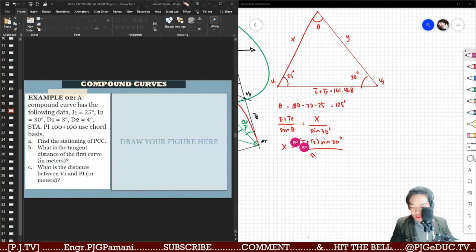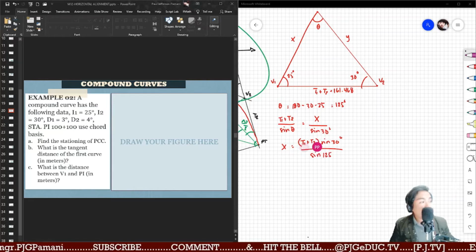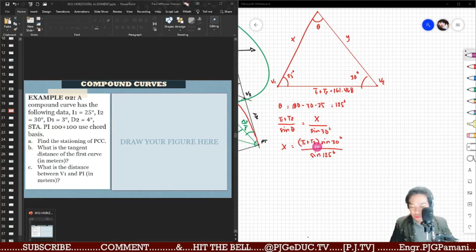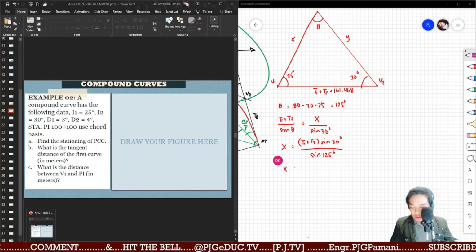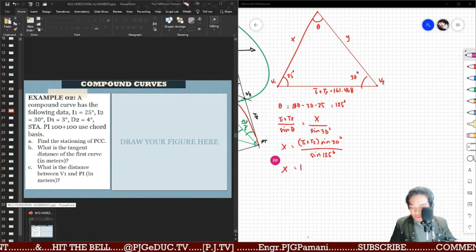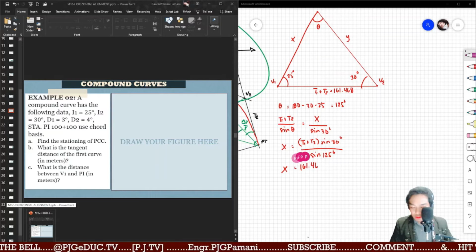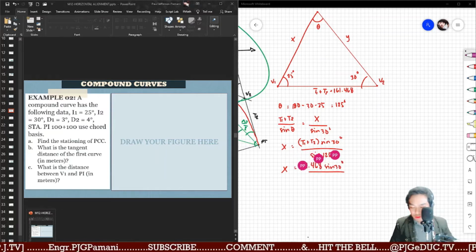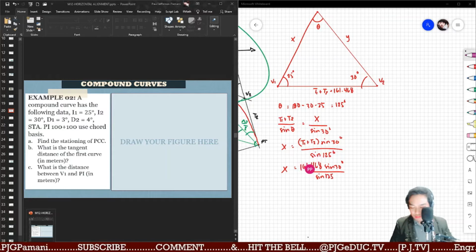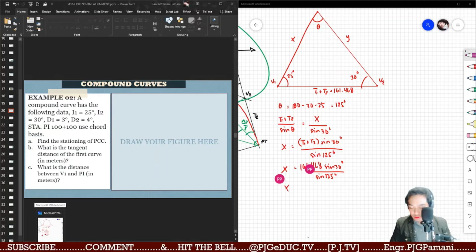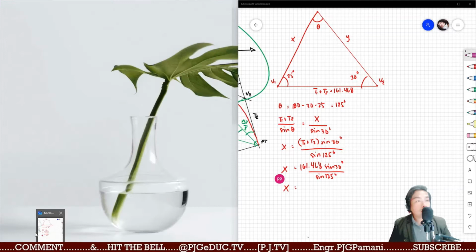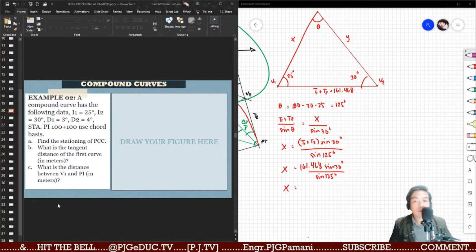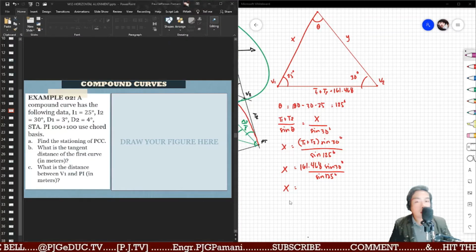sine theta, which is 125 degrees. Substitute lang natin lahat ng known terms. 161.468 sine 30 degrees over sine 125 degrees. And then solve for the X distance, or the distance of the point of intersection and the vertex 1.